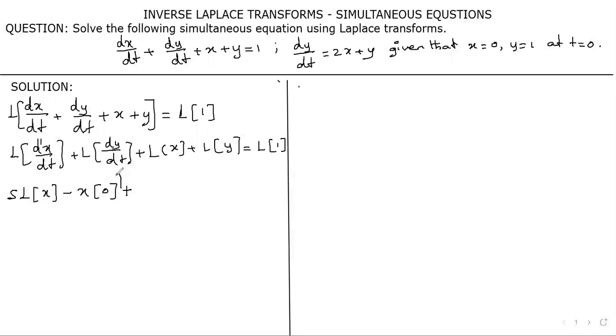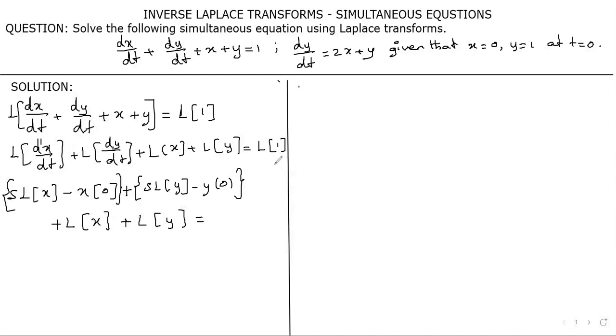Again the formula; I am just separating the terms with brackets. The second term will be s L of y minus y of 0, because the variable here is y. And that's it. L of x and L of y do not have any formula. So L of x plus L of y equals L of 1, and the formula says Laplace of 1 is 1 over s.